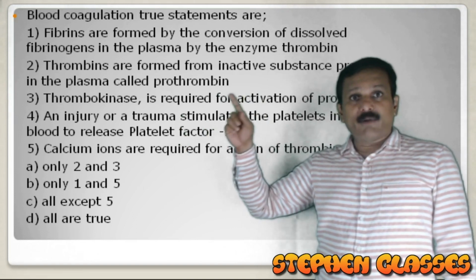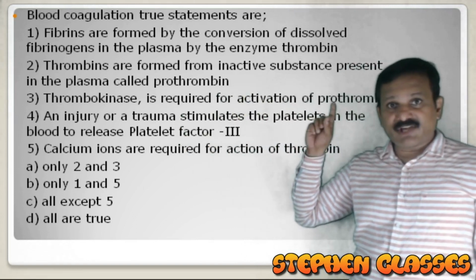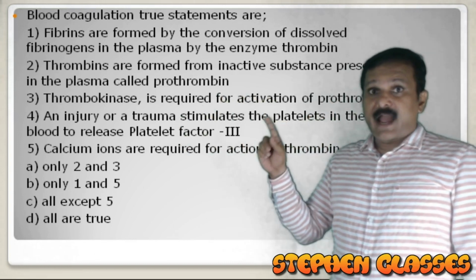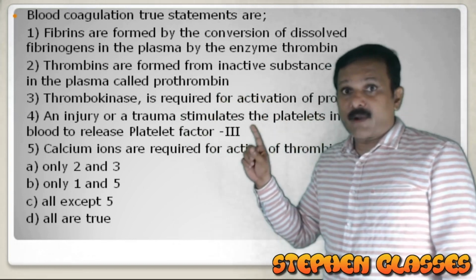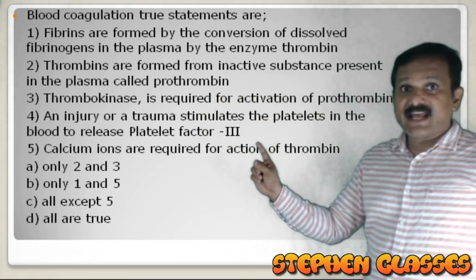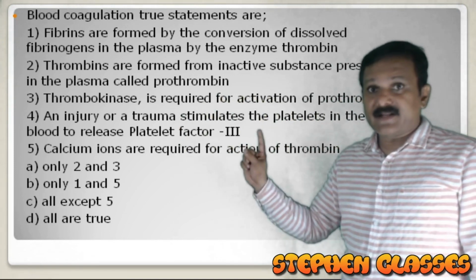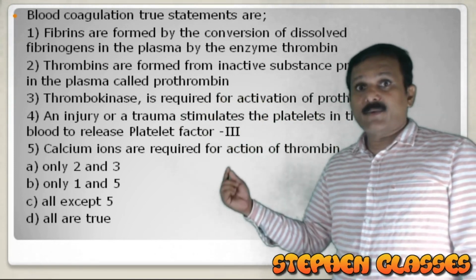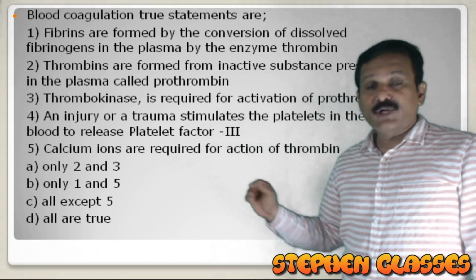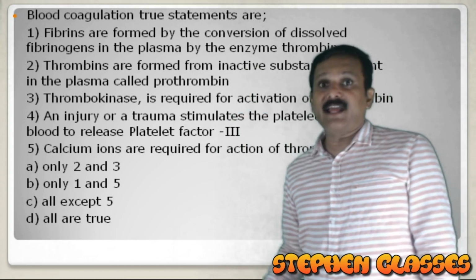Then thrombokinase is required for the activation of prothrombin. That is a correct statement. Then an injury or trauma stimulates the platelets in the blood to release platelet factor 3. That is correct. Calcium ions are required for the action of thrombin. So all these statements are true, so our answer will be option D.